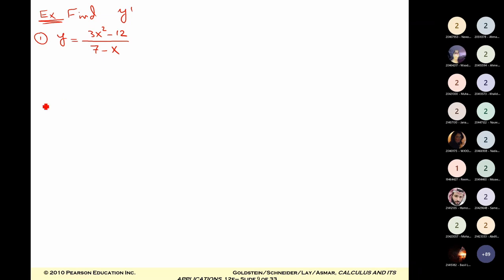Number 2: y equals (radical x minus 1) over (x squared minus 2). Number 3: y equals 4 over (6x squared minus 1).